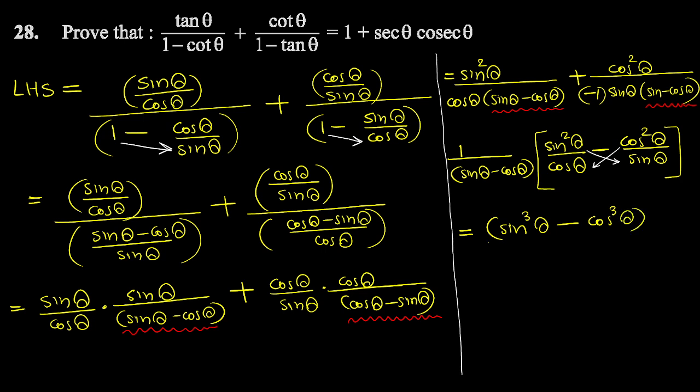The 1 in the numerator I don't want to write. In the denominator there is sin theta minus cos theta, and here you can see cos theta into sin theta. Here I have done the cross multiplication; the denominator will be cos into sin.